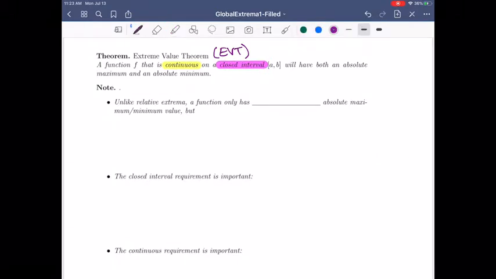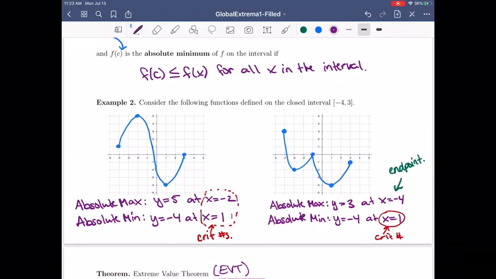Both of these statements are important. So on the closed interval from A to B, then f is definitely going to have an absolute maximum and an absolute minimum. Notice in these two, the functions are continuous, and it's defined on a closed interval, -4 to 3. And we got maxes and mins for both.